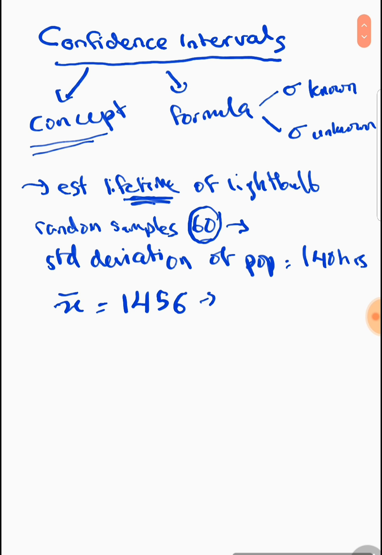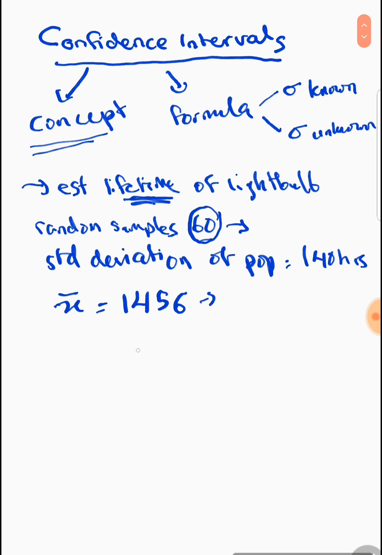So what do we know about this confidence level again? We have tested 60 random samples, and we have a mean of 1456. Chances are if we take another random sample of 60 light bulbs, we definitely would not get 1456 hours as the average. We could probably get 1455, 1457, and so on. But what does this tell us?